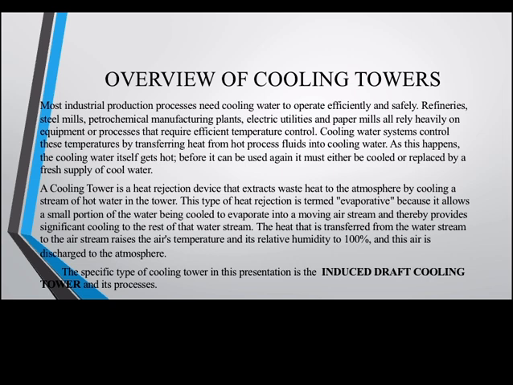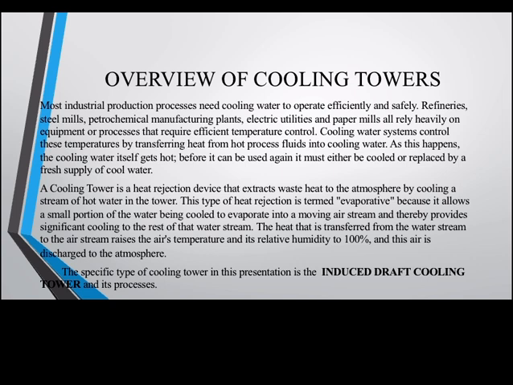So the cooling water system controls these temperatures by transferring heat from hot process fluids into cooling water. How this happens, the cooling water itself gets hot. Before it can be used again, it must be either cooled or replaced by a fresh supply of water. The cooling tower is a heat rejection device that extracts waste heat to the atmosphere by cooling a stream of hot water.